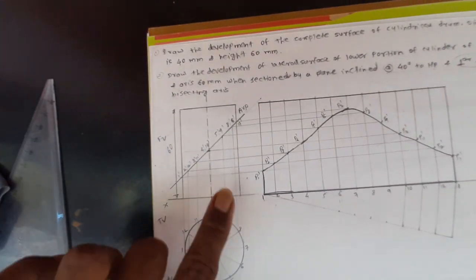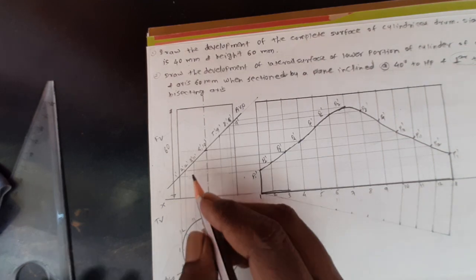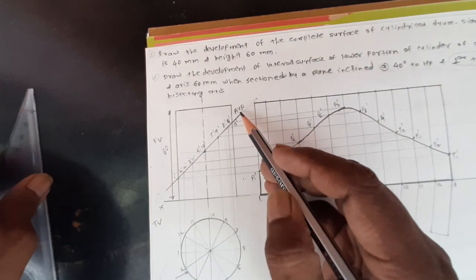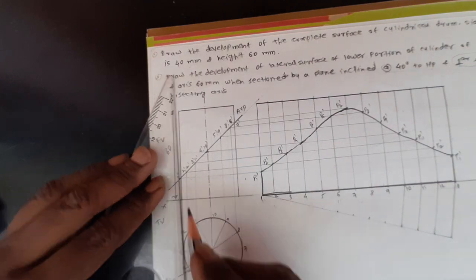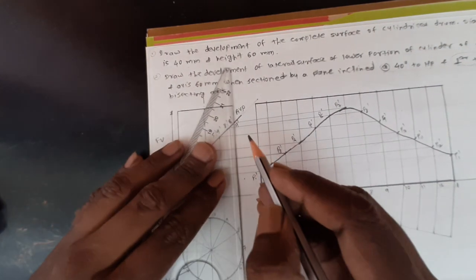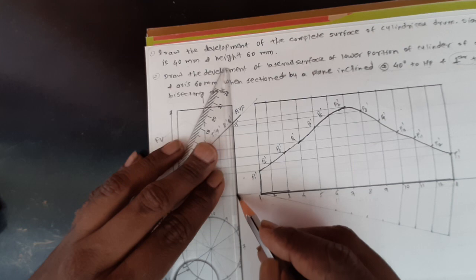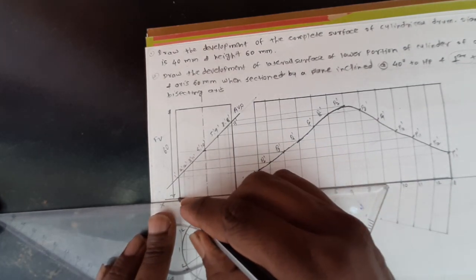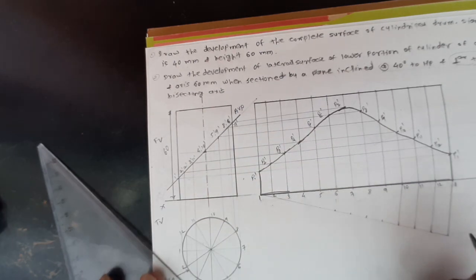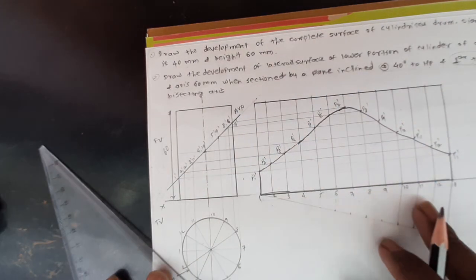So this is the development of the cylinder which gets cut by the vertical auxiliary plane. Now make it dark again because this is the remaining one. Okay, so this is the DLS.